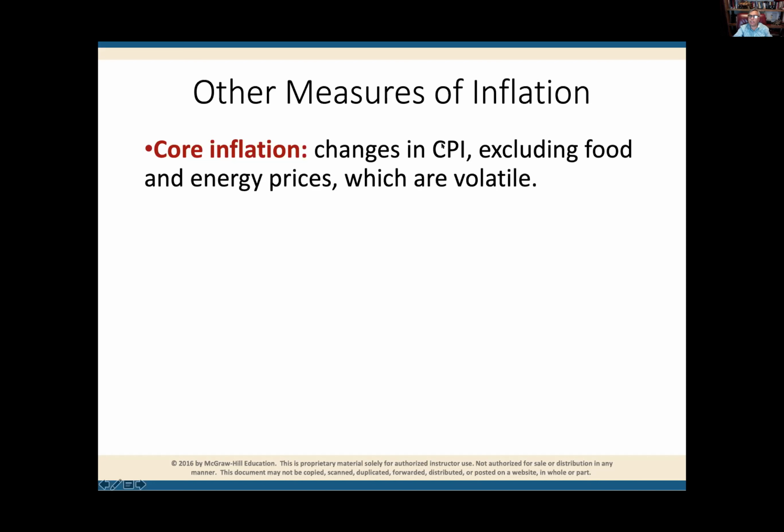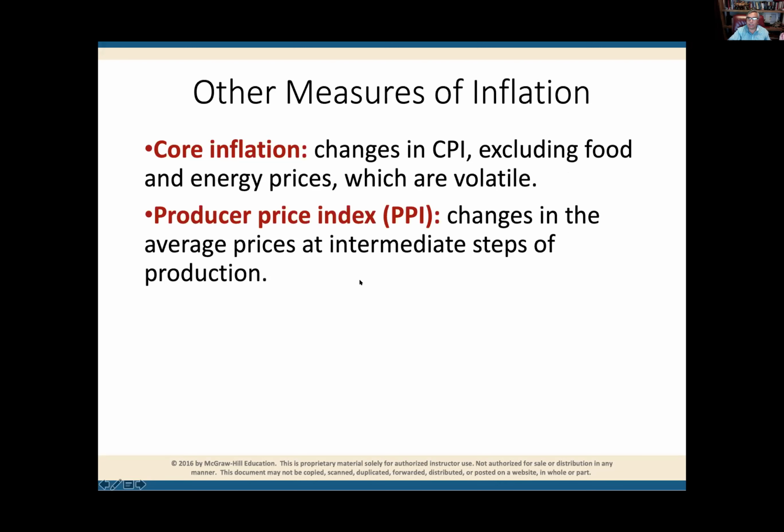On the core inflation index, we use the CPI, but we exclude food and energy prices, because food and energy prices are very volatile. They move too fast. So then we look at the other items, and that will give me a core index of inflation. In other words, with the exception of food and gasoline, what happened to prices? That's the core inflation index.